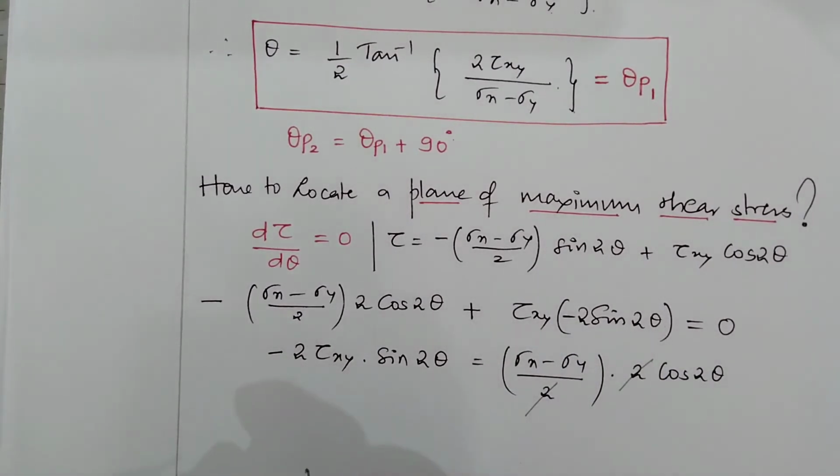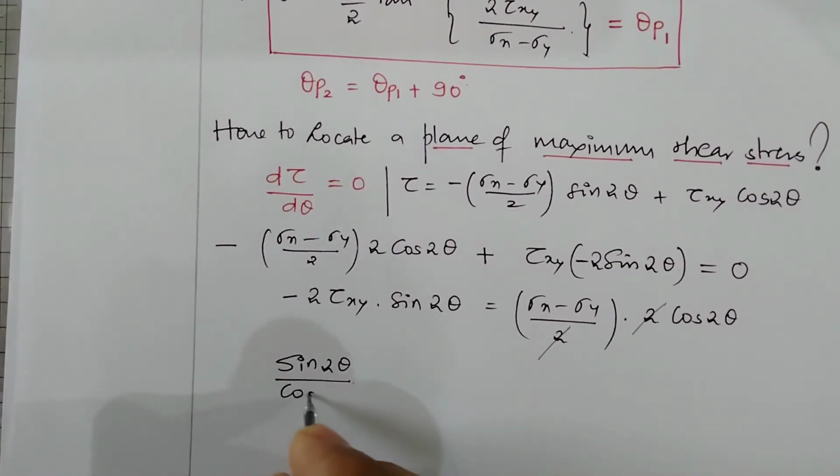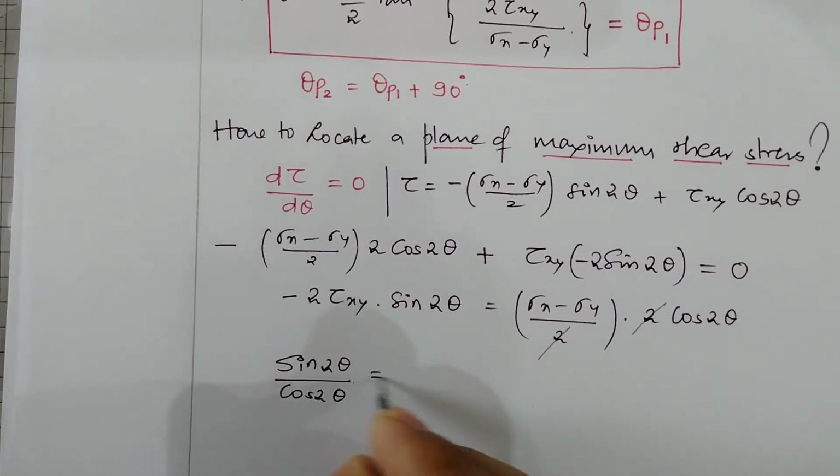Right? So I am interested in theta. So what I'll do: sine 2 theta divided by cos 2 theta. I have taken this cos towards this side.